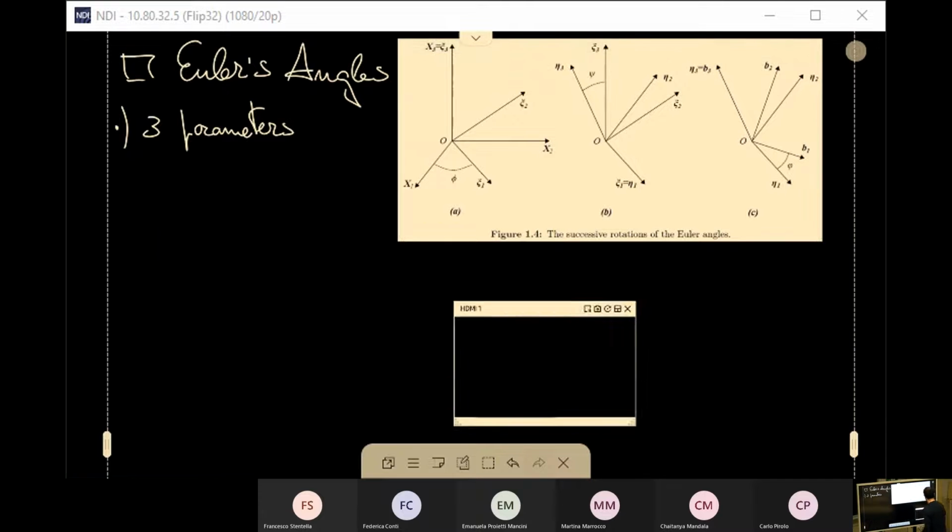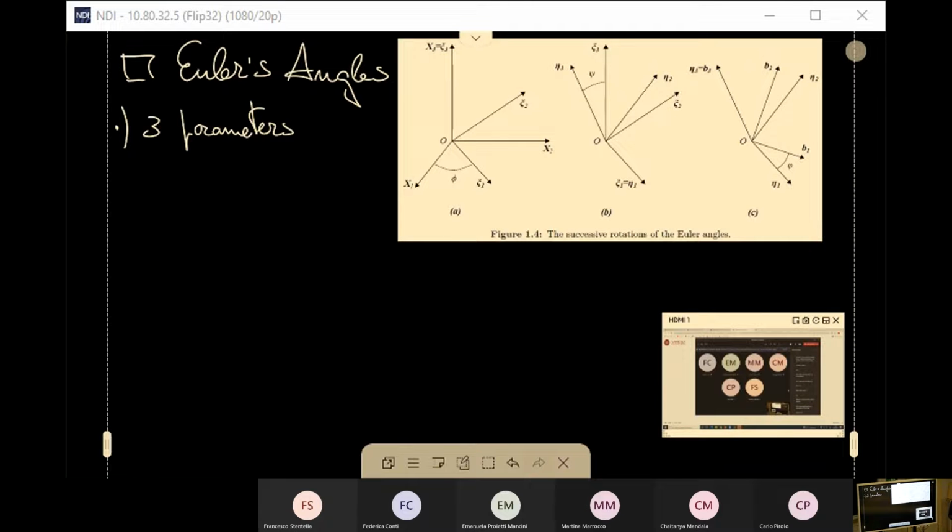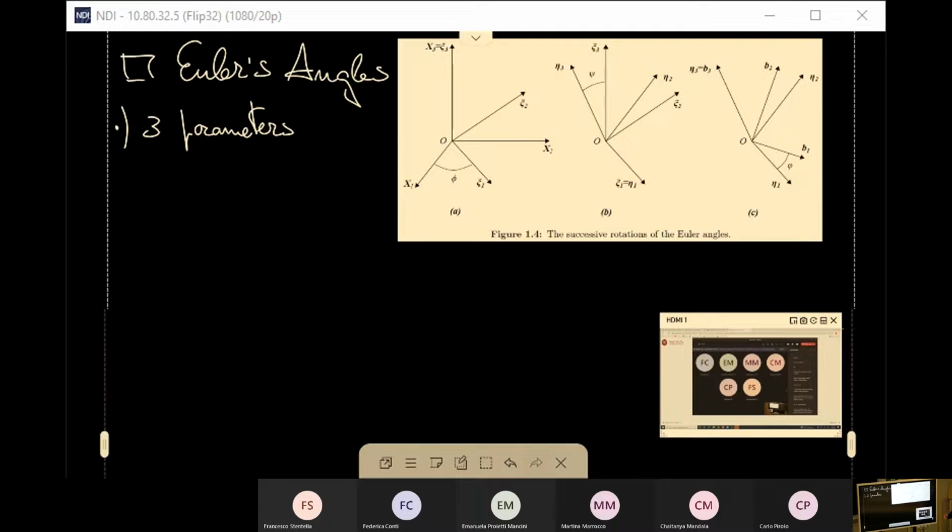If you want to describe a rotation, a final orientation of your local frame, you can always think of it as a succession of 3 rotations. Meaning that you eventually end up in the orientation of the frame that you want to describe as a sequence of 3 successive rotations. So that's the idea behind Euler's angles.